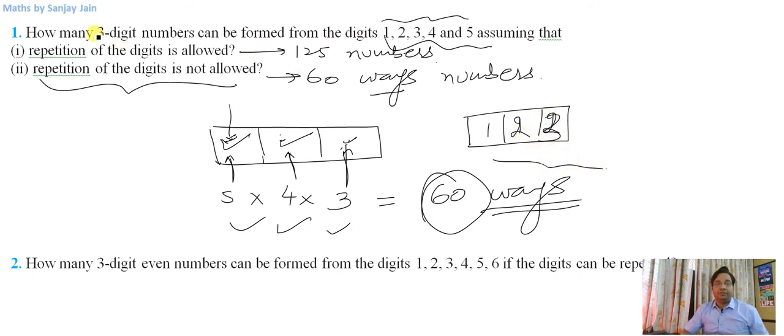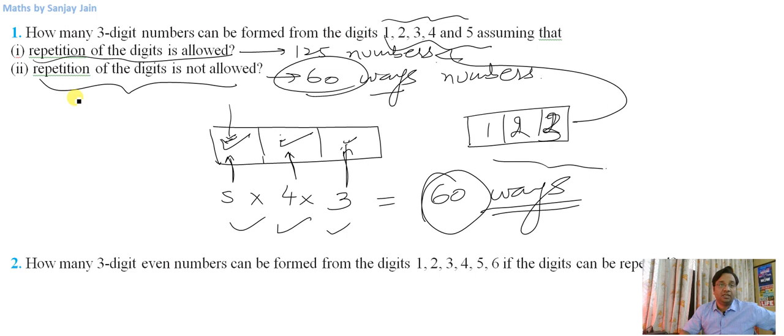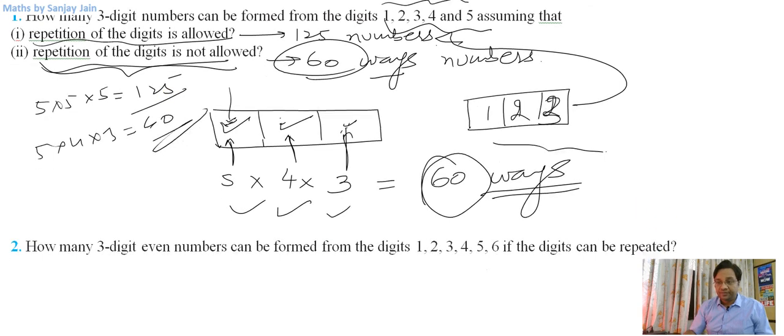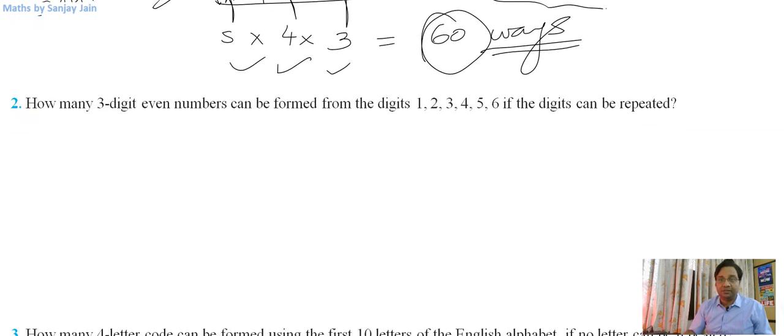In the first part, when repetition was allowed, you will have to count 125 numbers, and when repetition is not allowed, you'll have to count 60 different numbers. Otherwise, if you just see this question, repetition is allowed, and you need to fill 3 places, so 5 into 5 into 5. This is how simple it is. Repetition is not allowed, so 5 into 4 into 3. This is 60. You can count them in 5 seconds using this fundamental principle of counting. Otherwise, it would have been a very cumbersome process.